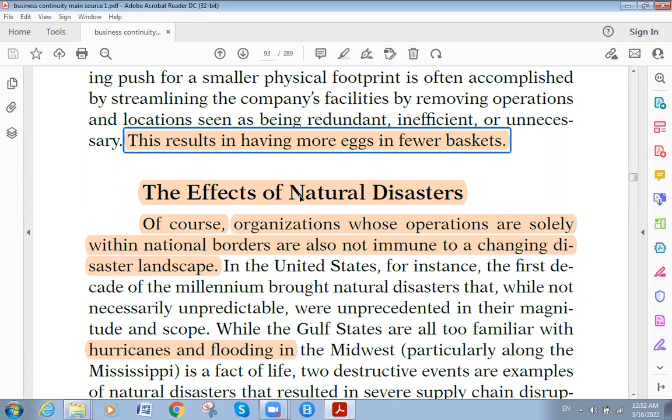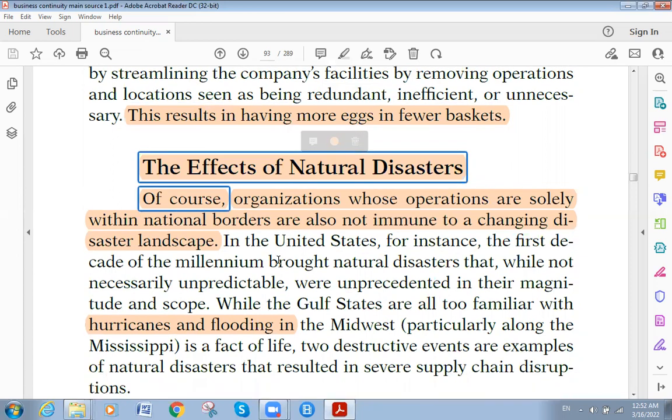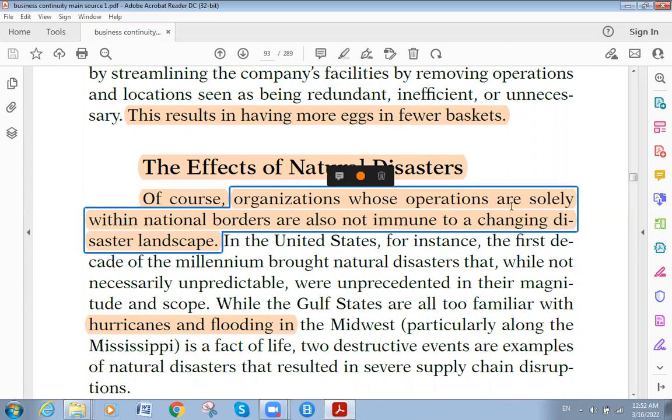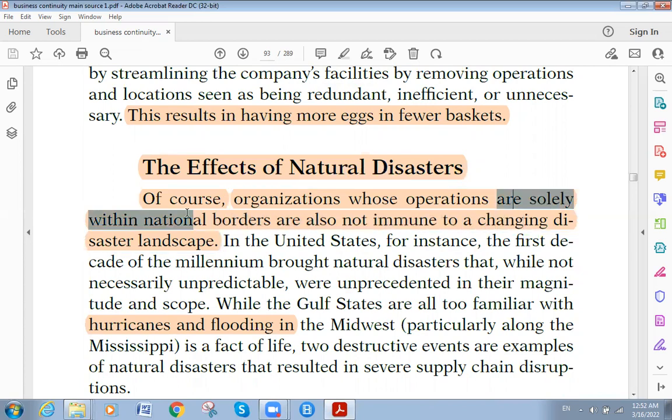The effect of natural disasters also: we have to assess the hazards based on the effect of natural disasters. Of course, organizations whose operations are solely within national borders are also not immune to changing disaster landscapes.